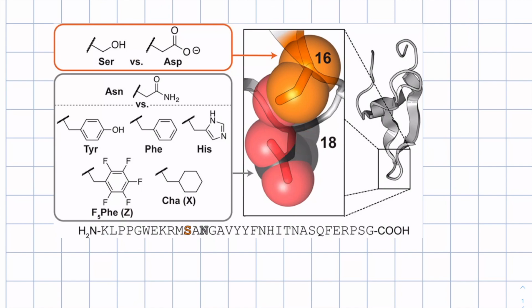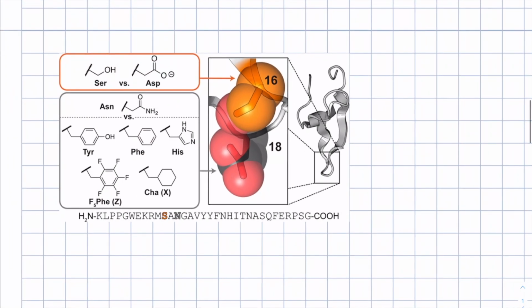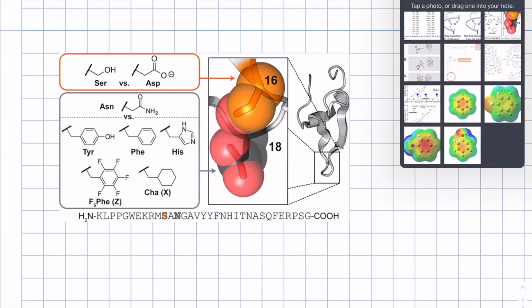At position 18, we put either the neutral asparagine or an aromatic residue. And so by putting either serine or aspartate here and either the arene or asparagine here, we could subtract away the effects of the individual substitutions and figure out if there's any synergy or favorable interaction between any of these arenes and the aspartate.